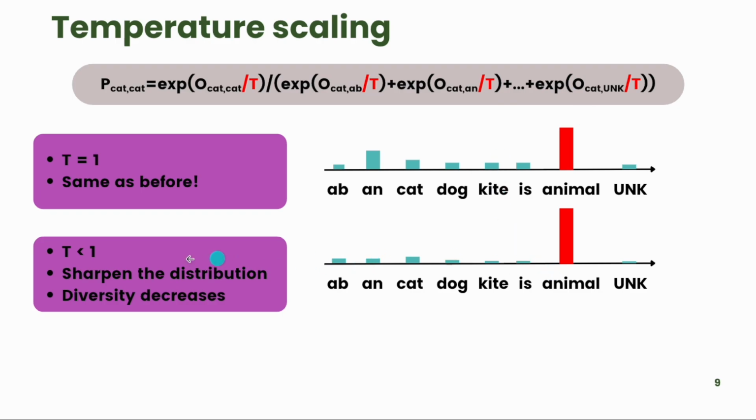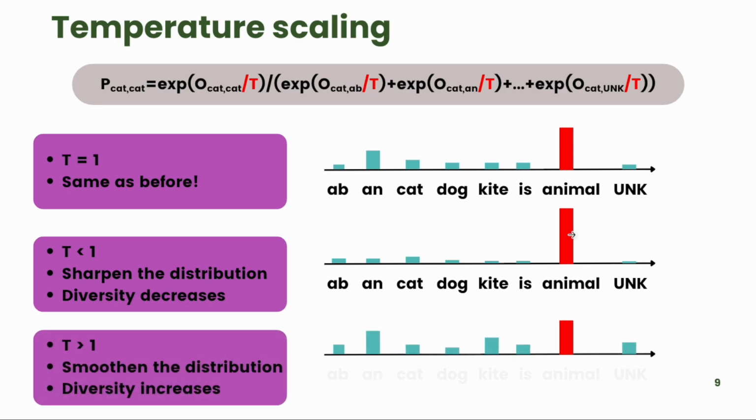And obviously, if you use a t less than 1, you result in outputs which have lower diversity, because now you have a sharper distribution. So no matter which strategy you use to sample from this distribution, you would mostly end up with the word animal, and that's why you won't have a lot of creative diversity in your outputs. The reverse of this happens if t is greater than 1.